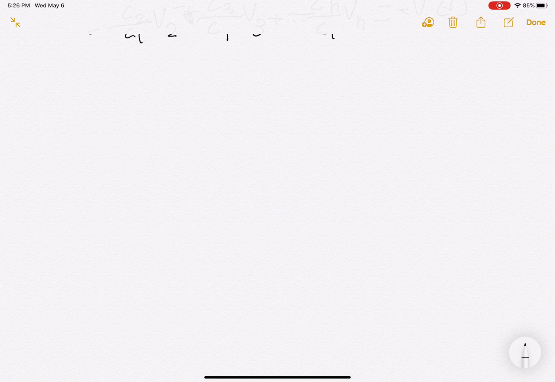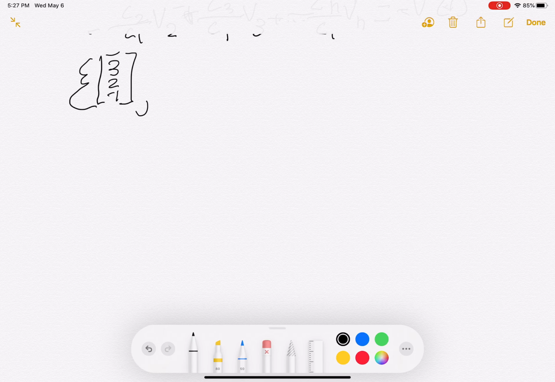Okay, so let's look at one example. Let's say we have a set of vectors. Actually, let's make this a little simpler, so you don't have to do too much work.